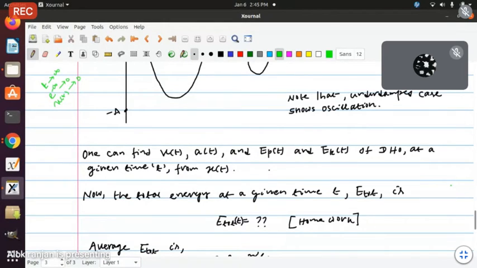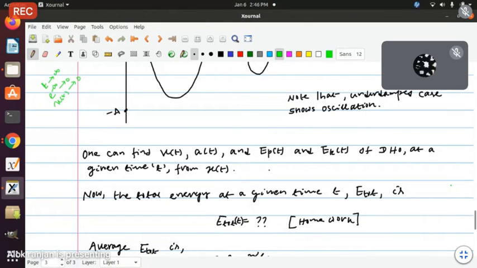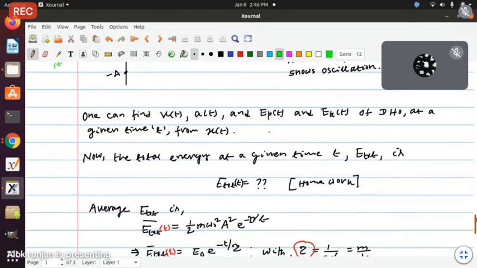And as I said, the underdamped is very interesting because it shows oscillation, whereas the other two do not show any oscillation. Hence, it is essential to calculate the total energy associated with the underdamped oscillator system.